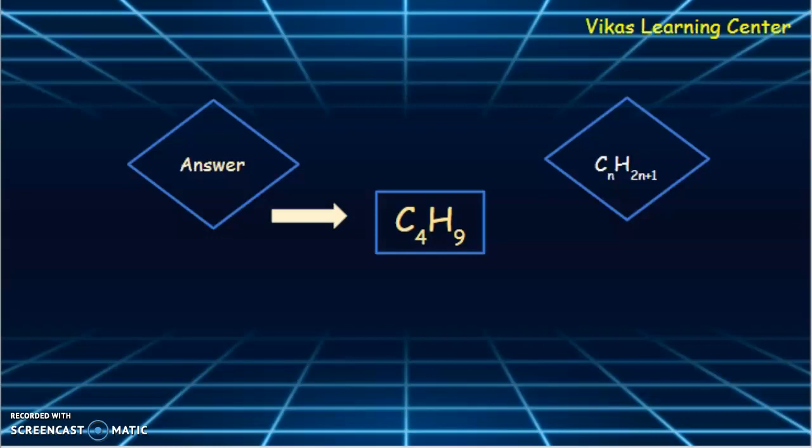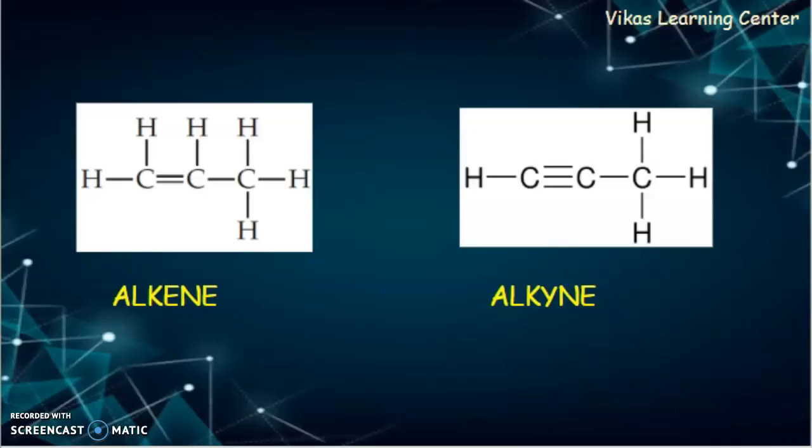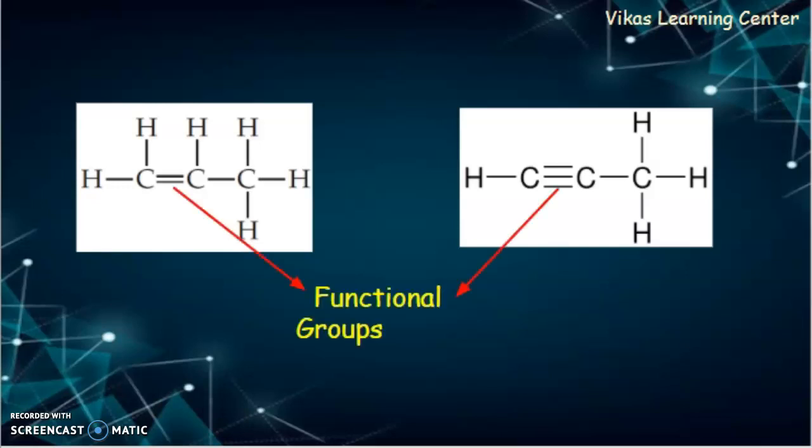Now, coming to alkenes and alkynes, we know that these can be identified by the presence of double and triple bonds respectively. In any organic compound, the presence of double and triple bonds gives some distinct functions and properties to these compounds, and hence the double and triple bonds are also called functional groups, as they provide peculiar characteristics to these individual compounds.